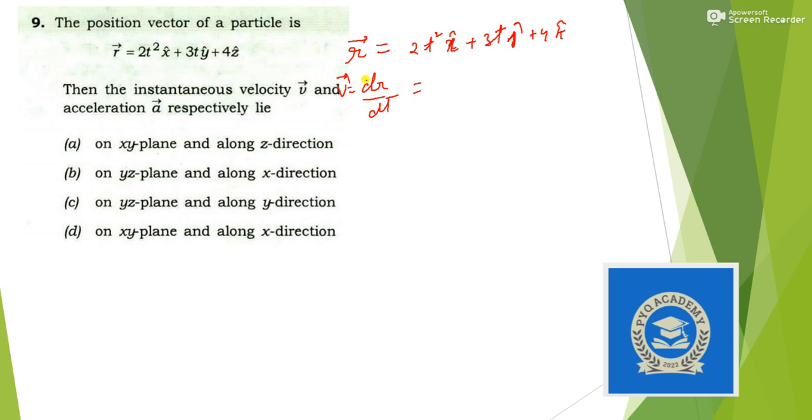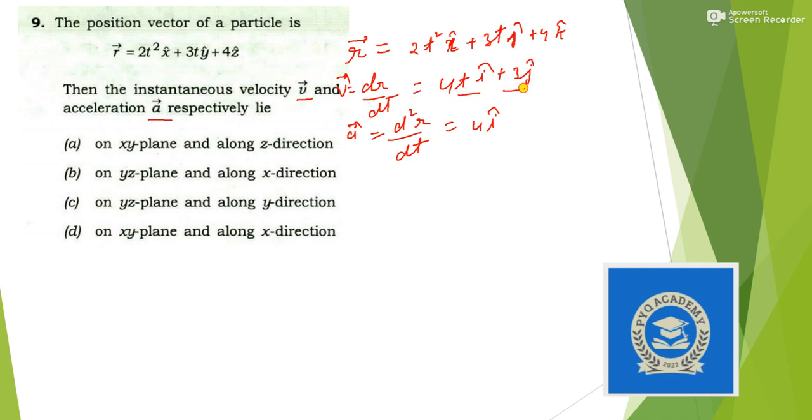So differentiating with respect to t, we will get 4t I cap plus 3 j cap, and acceleration is defined as d square r by dt square. That means differentiating it again, so it will be 4 I cap. Okay, so now the question is asking about acceleration and velocity.